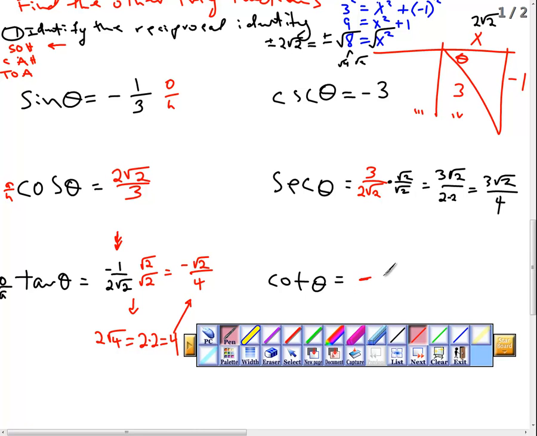And so that would just be a negative 2 square root 2. Okay? Because over negative 1, that's positive over negative, so that just becomes negative 2 square root 2. Okay, questions with that? All right. That is the rest of lesson 25.